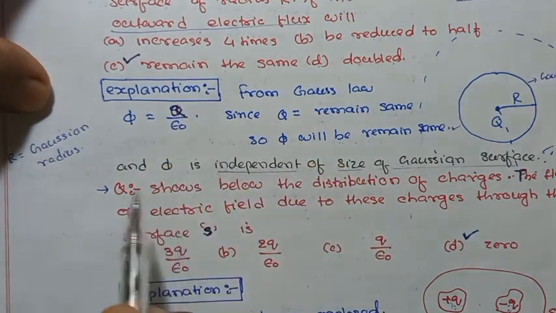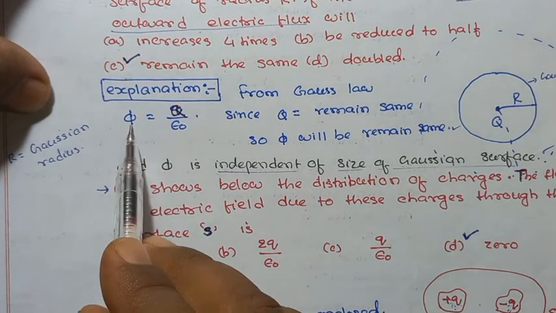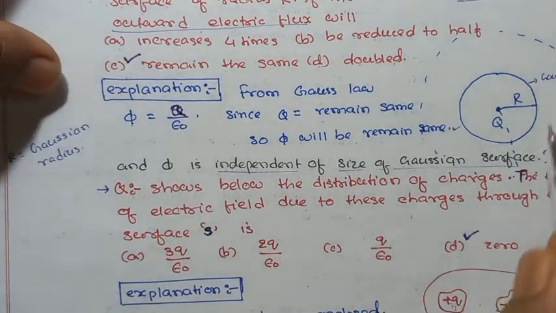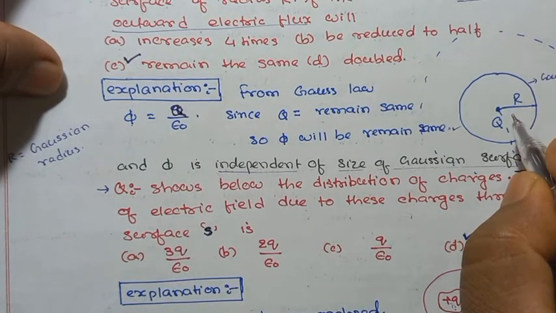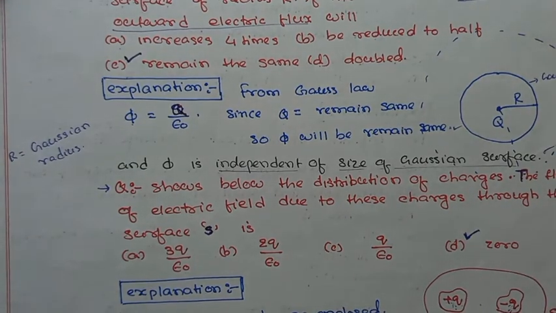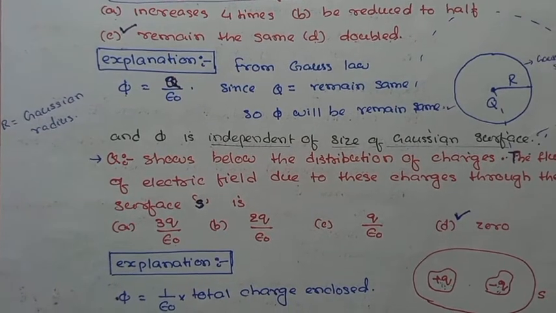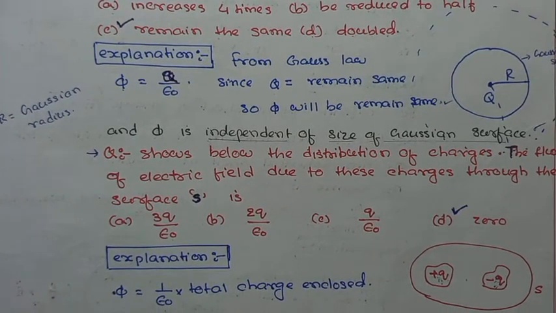Here the flux depends upon the charge. It does not depend upon the size of the surface. Therefore, if the radius is doubled, then the outward flux remains the same, because the flux is independent of the size of the Gaussian surface.